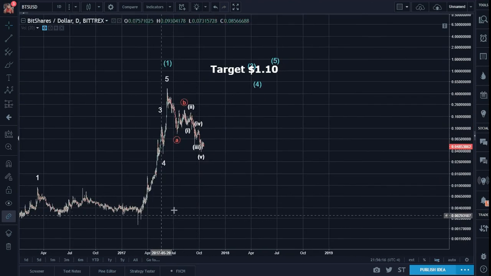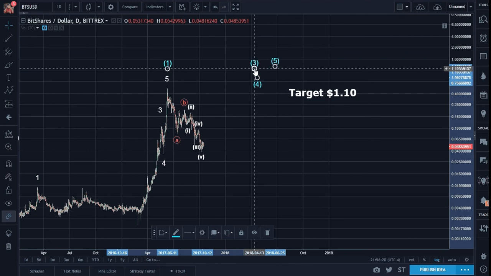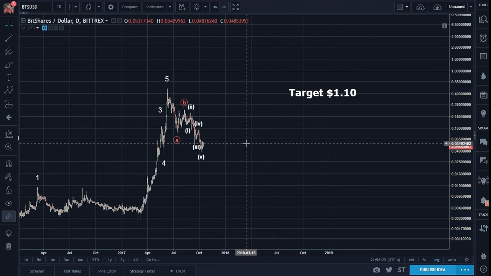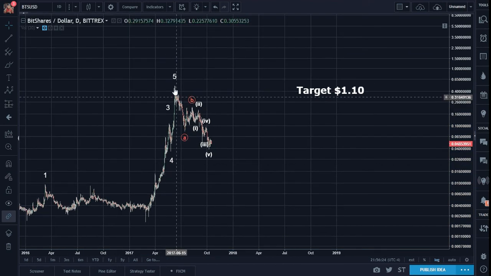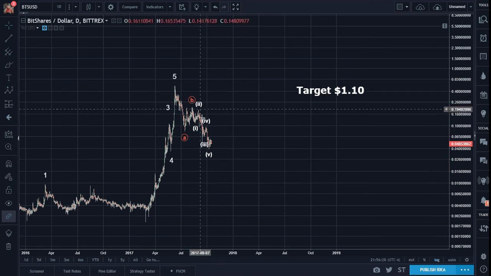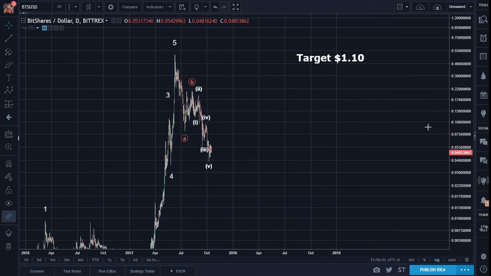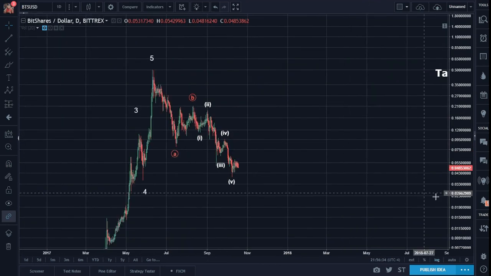Anyways, there's supposed to be 2 here. I don't know where it went. Get rid of that. So 1, 2, 3, 4, 5. After 5 waves, what do you get? ABC. So let's expand this a little bit.